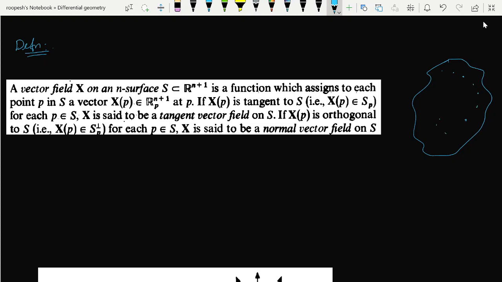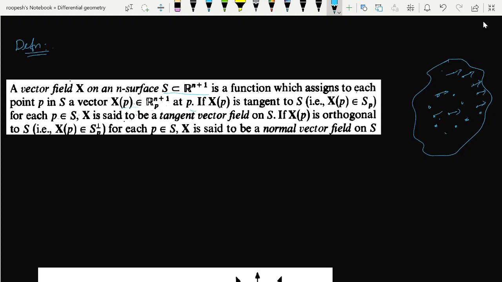A vector field X on an n-surface S, a subset of R^(n+1), is a function which assigns to each point P in S a vector X(P) belonging to R^(n+1) at P. And now this is called a vector field on surfaces. Okay, so at each point we want to have a vector. So like this. Then we will say that it's a vector field on a surface.